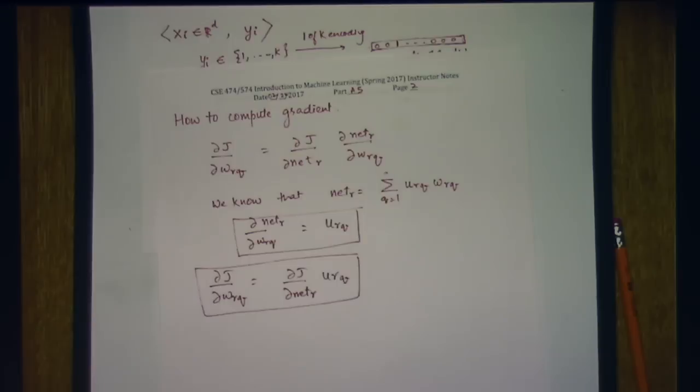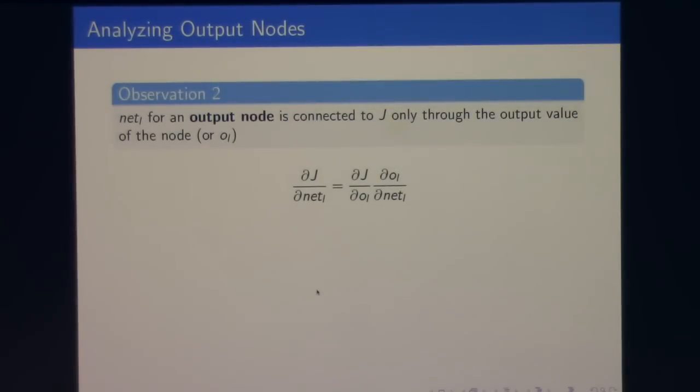So the next observation I want you to make is about an output node. So far we were looking at a general node, but now we'll do output first and then hidden later. So let's say we are talking about an output node, right? The net of L for an output node is connected to J only through the output value of the node.